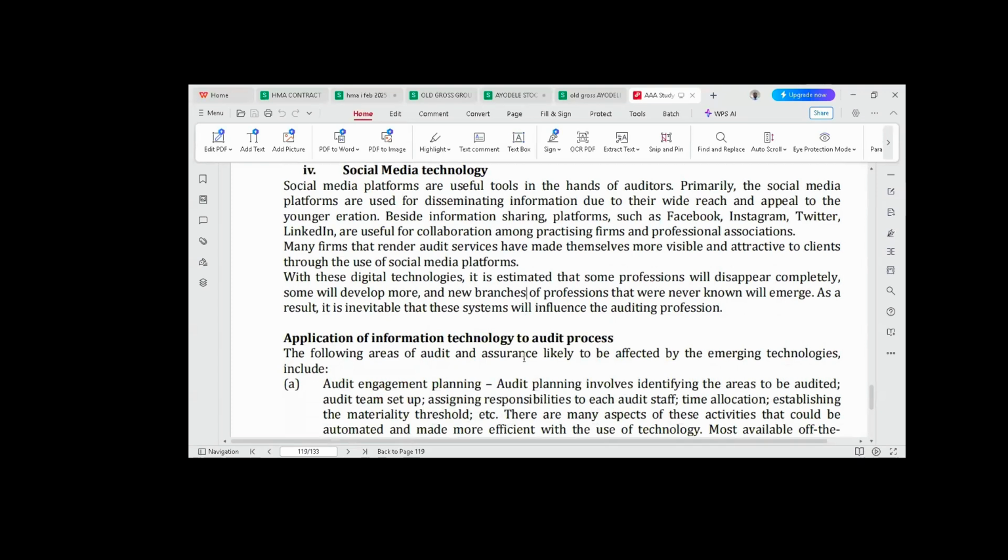Now let's look at how information technology has impacted the audit process. So remember, the audit process starts from the engagement planning. IT has contributed in no small measure to making the audit engagement planning easier.